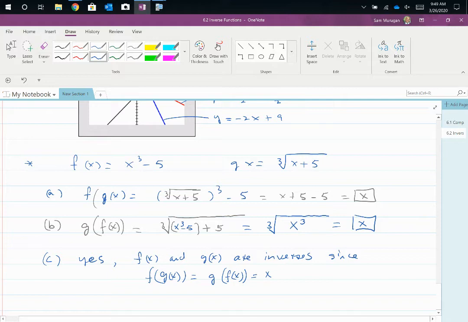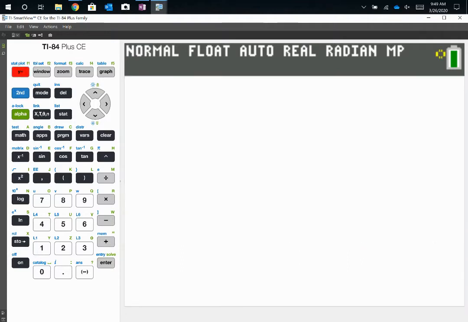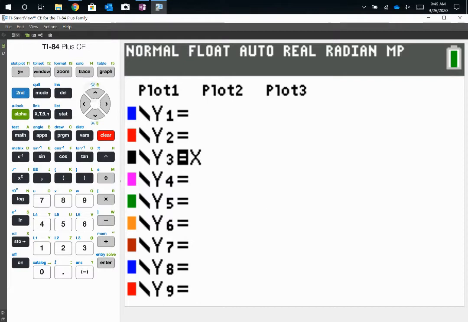Again, I want to take you back to the calculator here and show you what these graphs look like. So we're going to type in x cubed. Let's clear these two graphs out. We're going to keep y equal to x there. It's already in the square window.